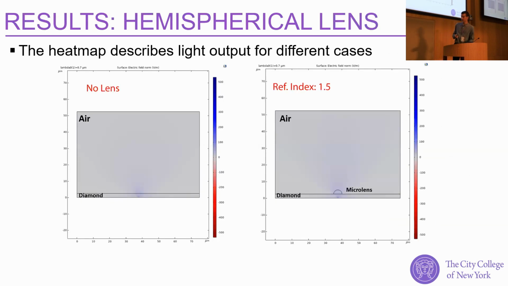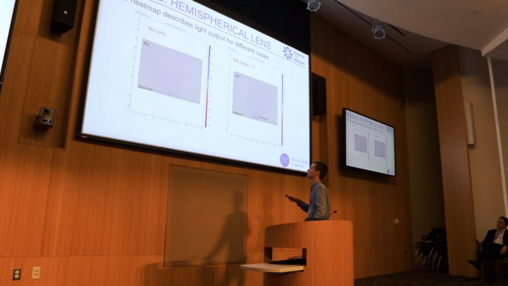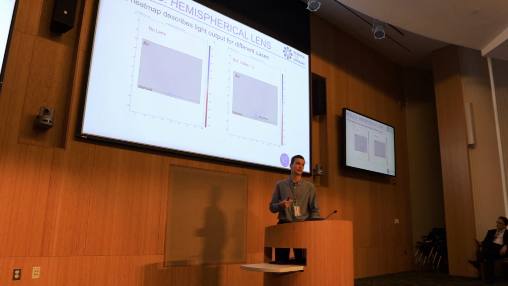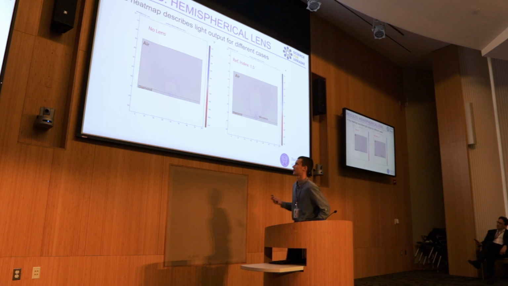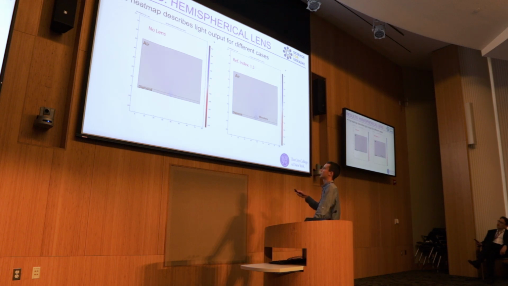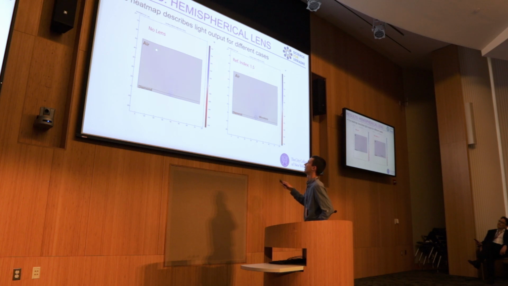So here are the results of the simulation. This is a heat map of the electric field at every point. And the amount of light we get is proportional to the square of the electric field. So here we can see that we get little to no light.